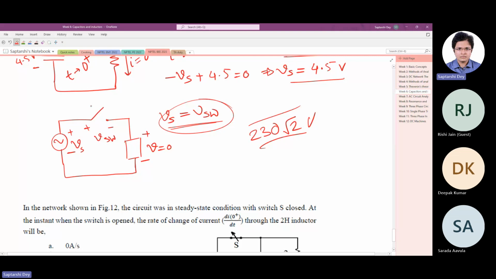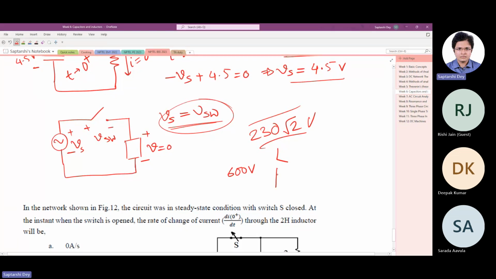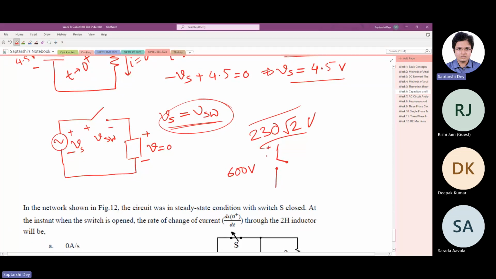If you connect this switch to say a 600 volt supply, I am not turning on the switch at all. Forget about the current. I am not turning on the switch at all. Switch is off, but it is connected at 600 volt supply. This switch will fail.